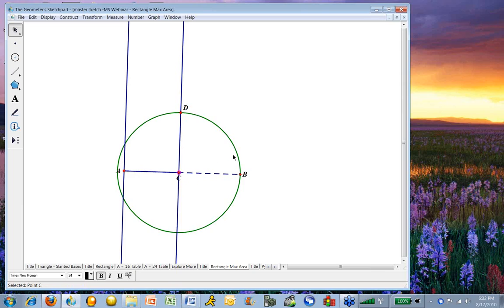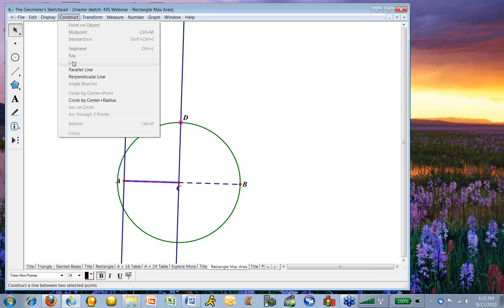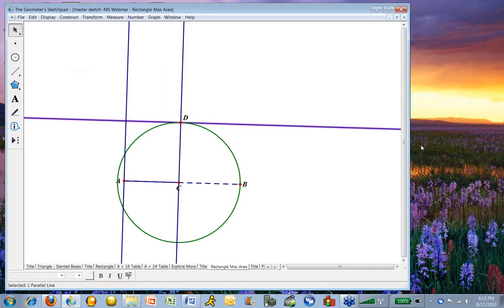I am still missing the other side of my rectangle, so I'm going to get that in by using a parallel line instead of perpendicular. Parallel works the same way as perpendicular. I will tell it what I want it to be parallel to, so I want it to be parallel to AC, and where I want it to go through, so I want it to go through point D. And I go up to Construct, and I choose Parallel Line this time.